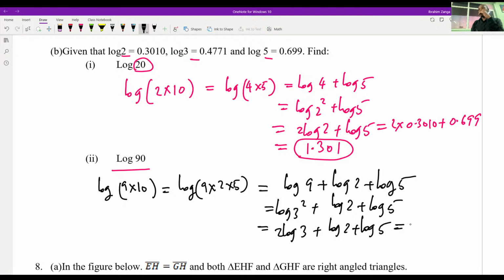When you plug in there, you'll be having 2 times log 3, 0.4771, plus log 2, 0.3010, plus log 5, 0.699. So you're going to have a summation.